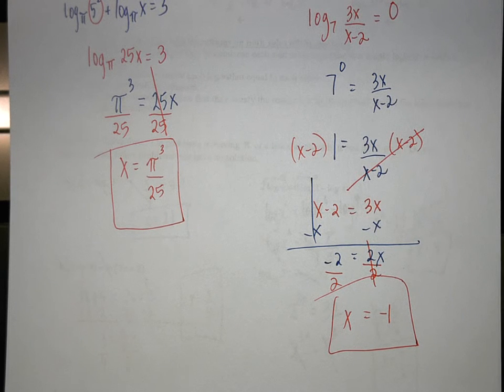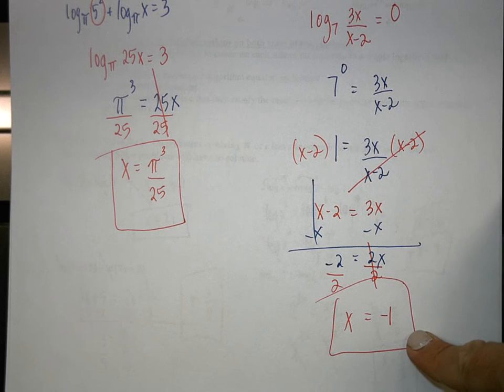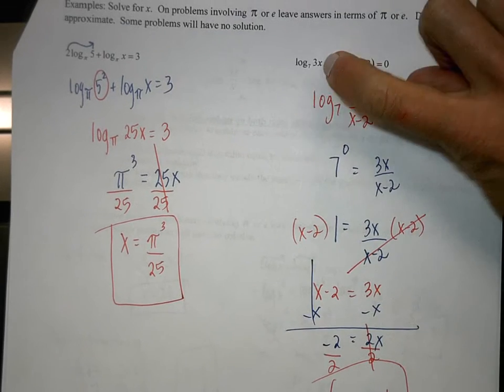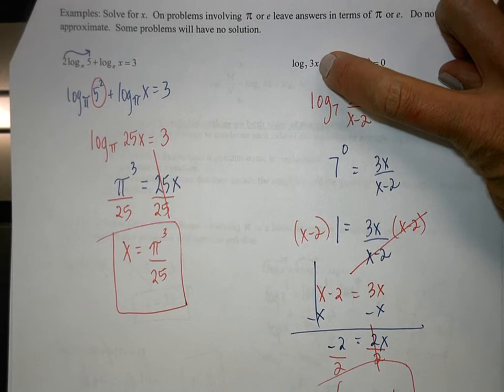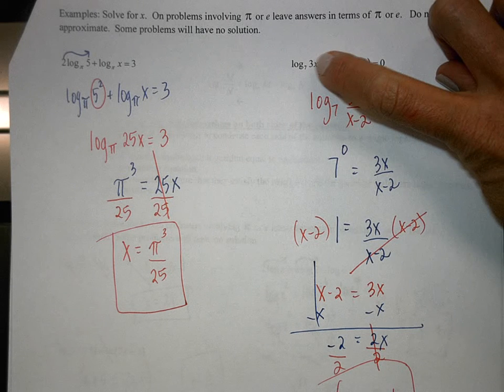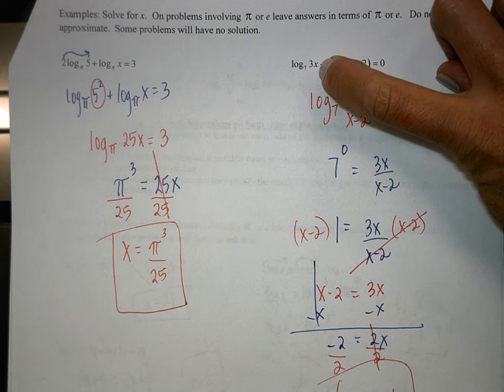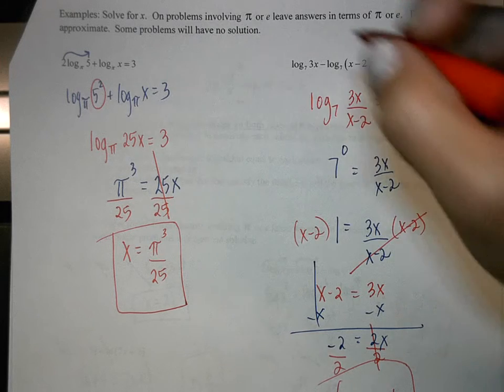And actually, I want you guys to go back here really quick before I finish. Whenever you get a negative answer, we said normally the negative answers will not work. If I were to plug a negative in here, we would have 3 times -1, which would make -3.